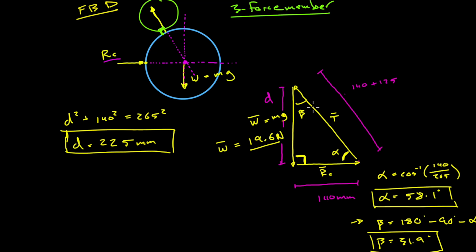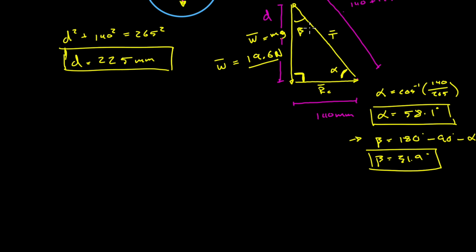Okay, so we're just doing a little bit of trig to populate more of our force triangle here. But now that we have all of the angles and one of the sides of the triangle, finding the other 2 sides is actually quite straightforward. So we can apply law of sines a couple of times here. Okay, so tension over the sine of the opposite angle here, the tension over the sine of 90, that should be equal to, say, the weight, which we know, over the sine of its opposite angle.